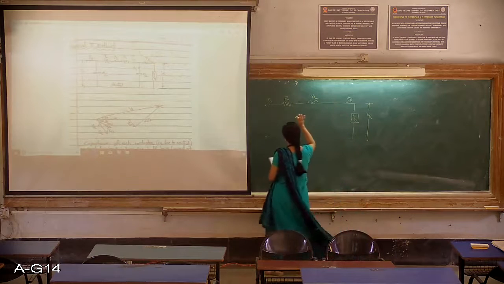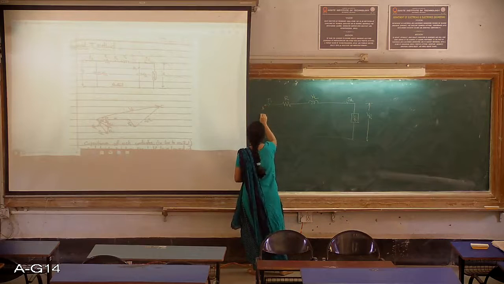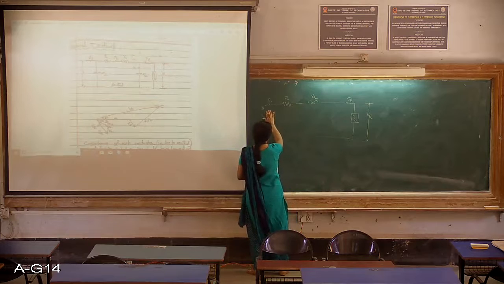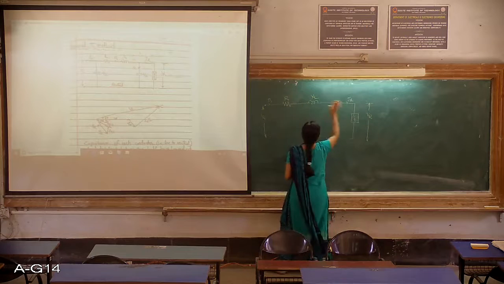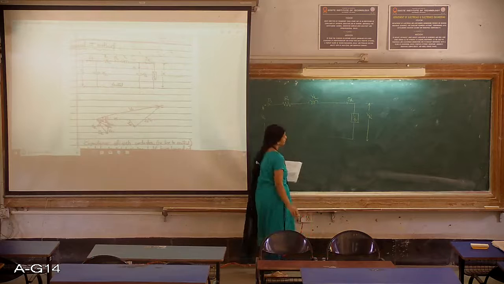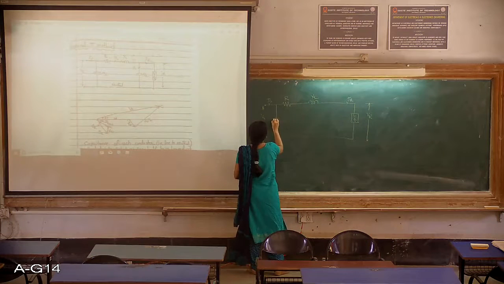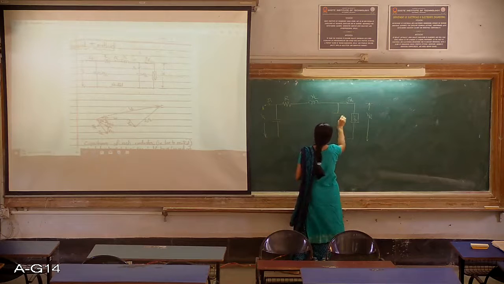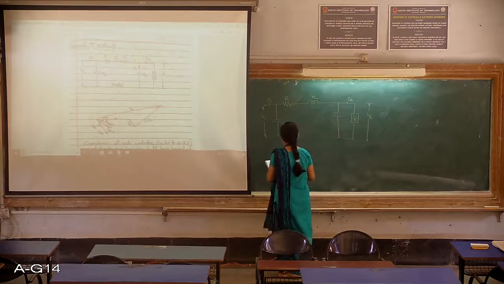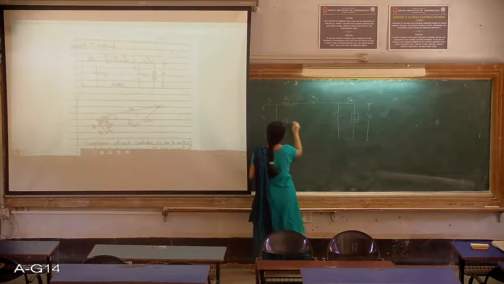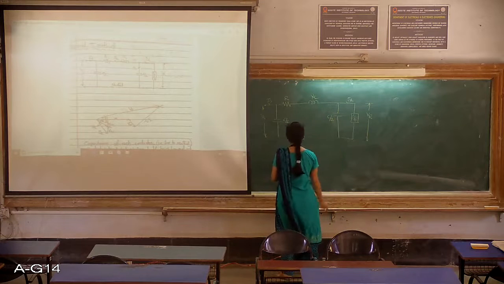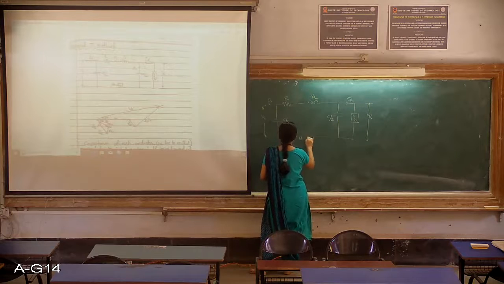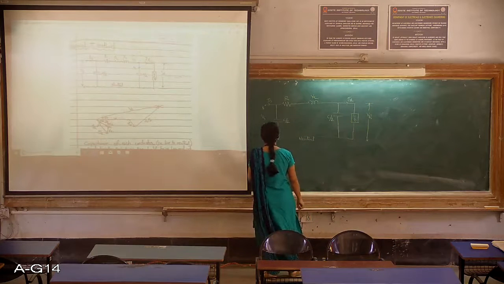Now we are supposed to show the capacitance distribution. You are aware of VS, IS, IR, VR, R and XL. The capacitance is present at the two ends of the line, so you can call it C by 2 and C by 2. Call this the neutral.